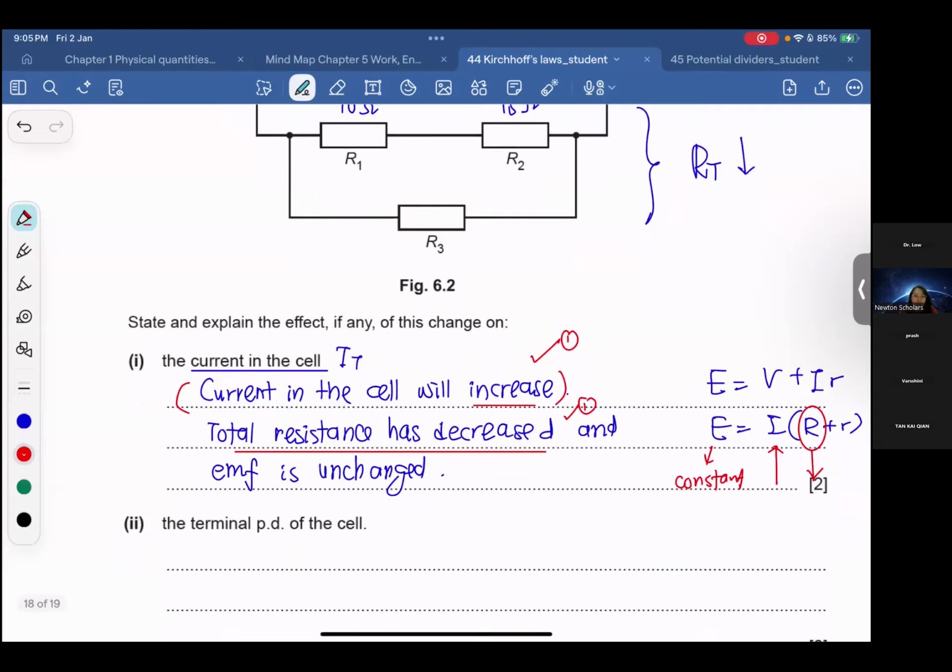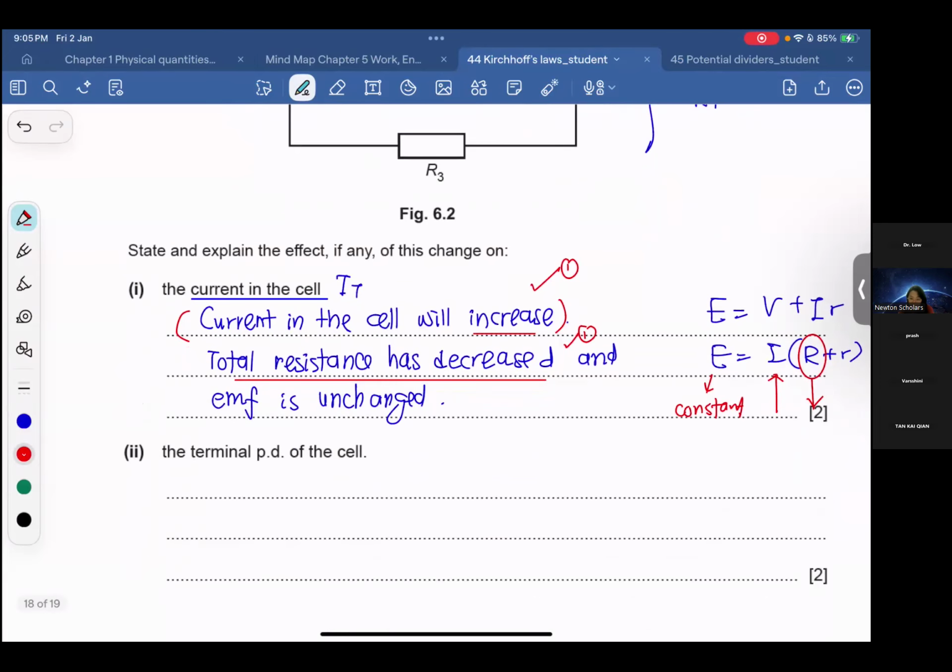Okay, next. What happened to the terminal potential difference of the cell? That means your voltmeter reading, which is the big V. Think and then tell me.